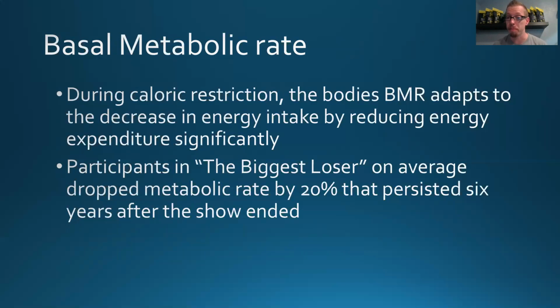And if you know anything about The Biggest Loser, they work these people to death. They're working out constantly, almost every day, and they drop their calories so low. They cut macronutrients. They do all of these things to really shock the body. But in the long run, you see that their metabolic rate was severely damaged, 20% for 6 years.